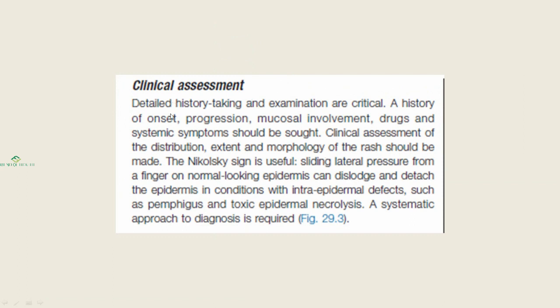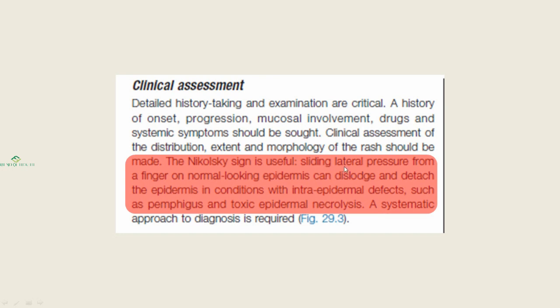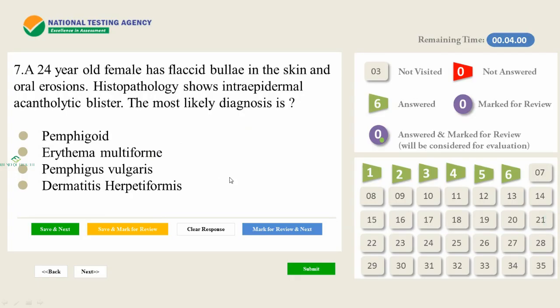Under blisters clinical assessment, the Nikolsky sign is sliding lateral pressure from a finger on normal-looking epidermis that can dislodge and detach the epidermis in conditions with intraepidermal defects, such as pemphigus and toxic epidermal necrolysis. So the Nikolsky sign is positive in toxic epidermal necrolysis and pemphigus. Make a reading of this; these are very interesting and important facts.